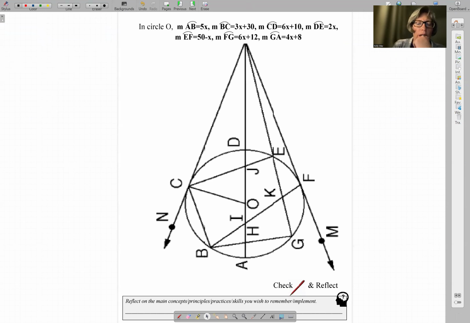So taking a look here, we're going to color code this piece of information. AB is going to be 5x. And BC is 3x plus 30. CD is going to be 6x plus 10.